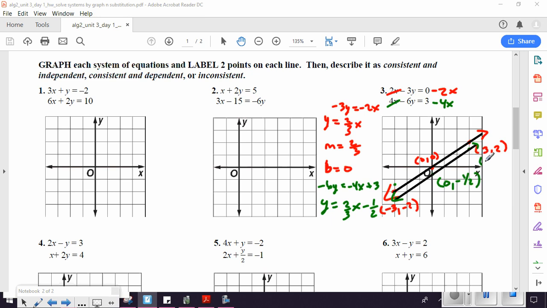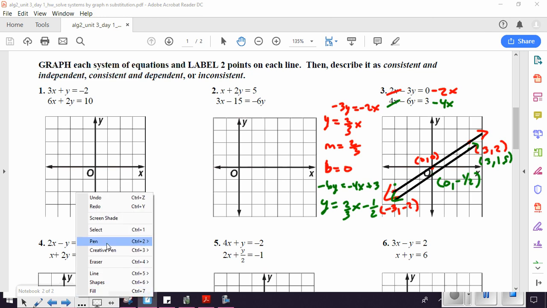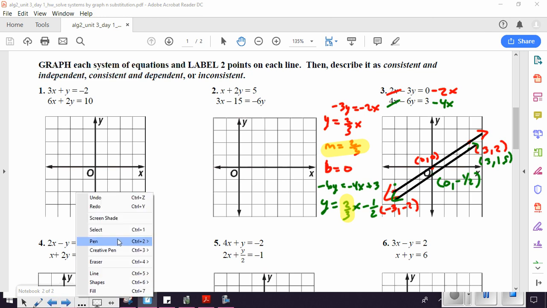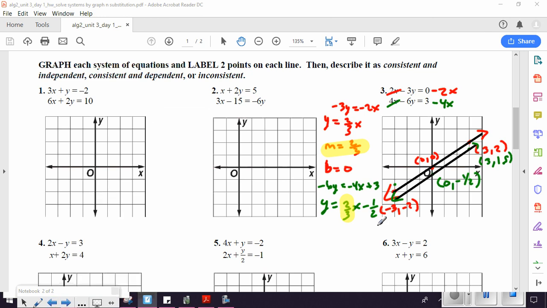And then we have (3, 1/2) or 1.5. So it also again appears that these are parallel. And it is confirmed when we look at our slopes. They're both 2/3. So yes, these are parallel, which means again we have no solution and an inconsistent system.